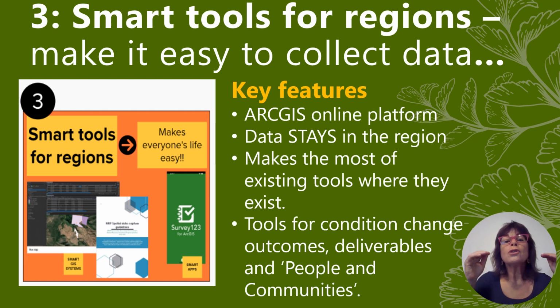But we've also got tools to collect data below the red line, the data about the deliverables that we have delivered. Our milestones. We've also got tools for the collection of people and communities data and other non-natural resource related information.